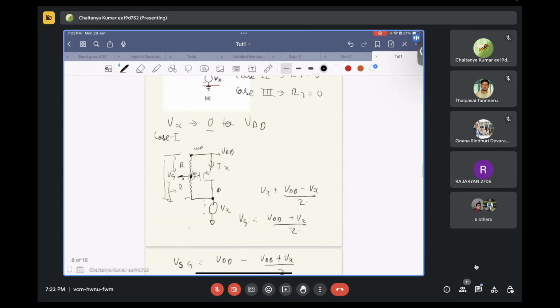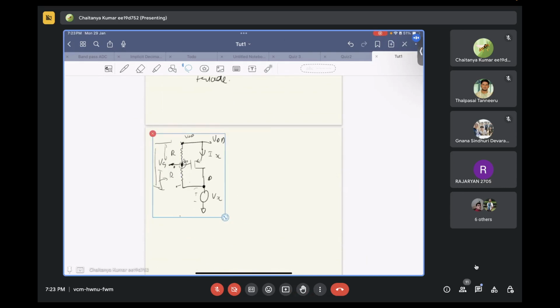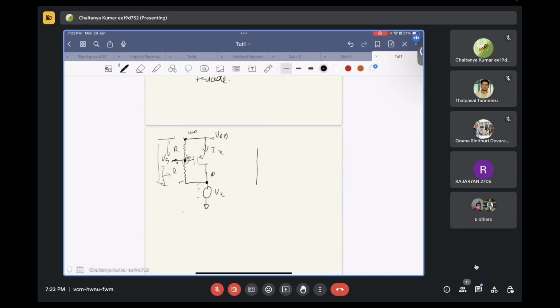I will redraw this circuit over there. So when your Vx is 0, and this is your Vx axis, this is your Ix axis. When your Vx is 0, what is the drain voltage?